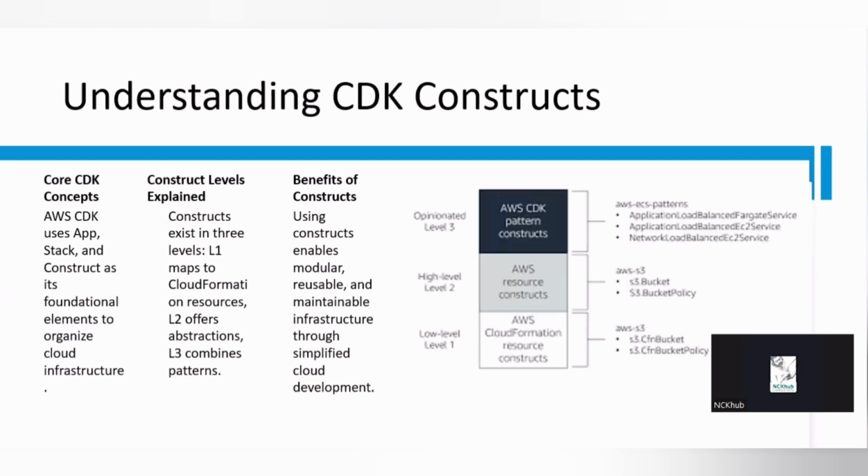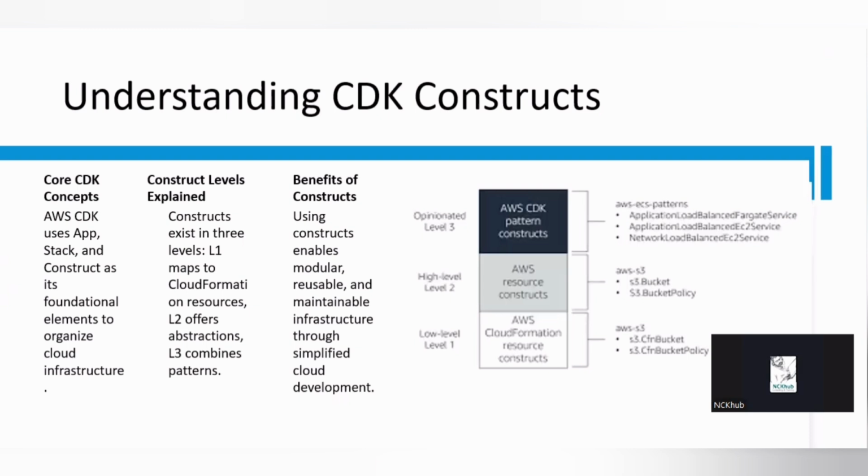So if we can understand now the core concepts of CDK. CDK uses, as I said, an application with a stack and constructs as its functional elements to organize cloud infrastructure. So the core concept of CDK is the CDK application, stack, and it forms constructs. It provides a simple and easy way to organize and deploy infrastructure.